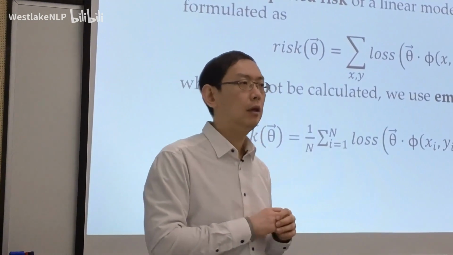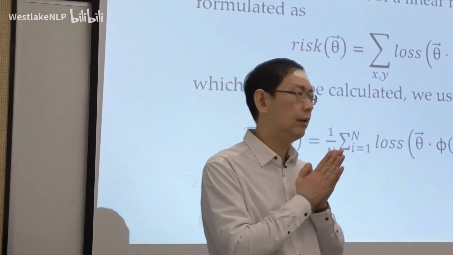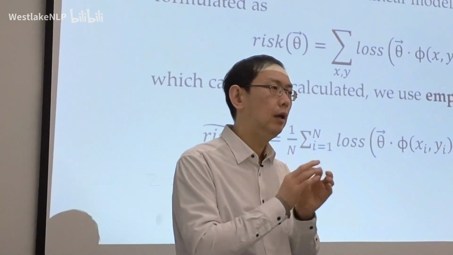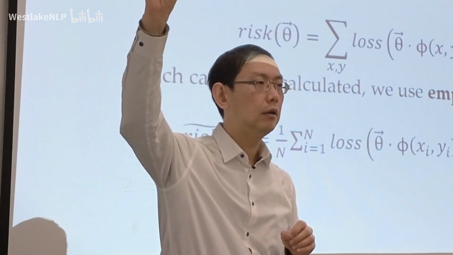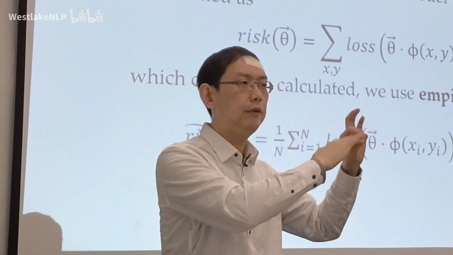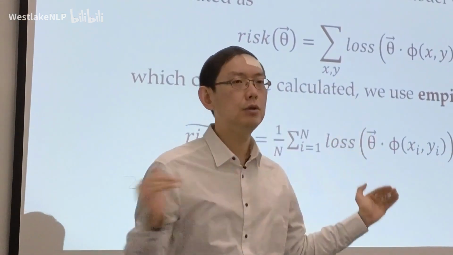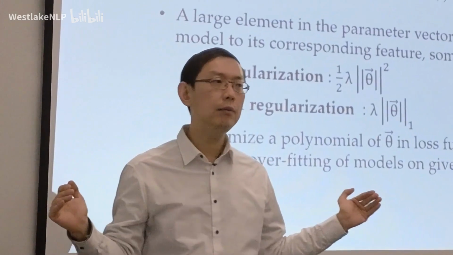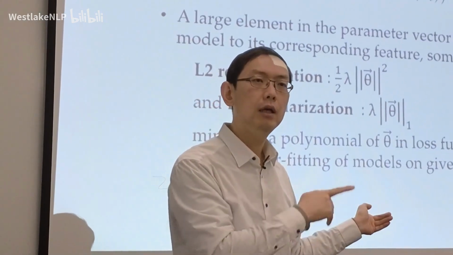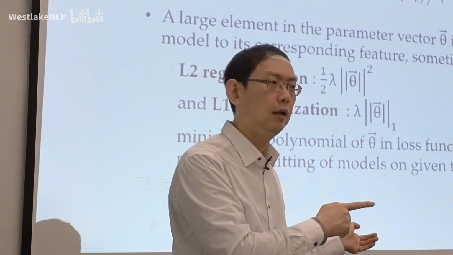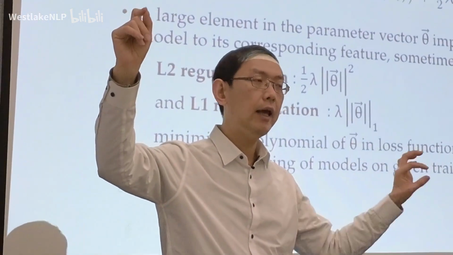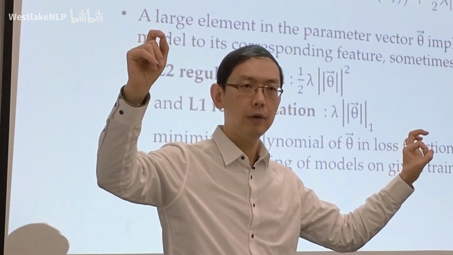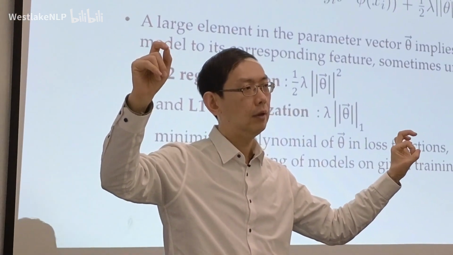Imagine your theta squared is large. It means that you might have large weights that correspond to specific features, because every element in your theta corresponds to every item in your phi. If one element in your theta is huge, then in the end, that phi will play an important role in your decision. That is risky.